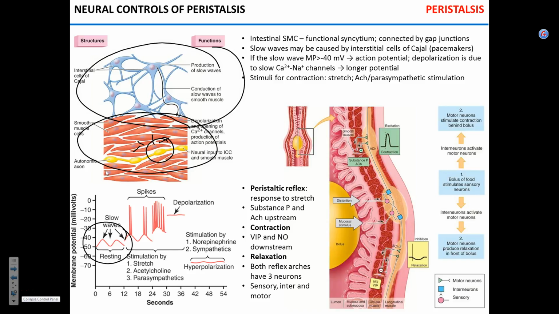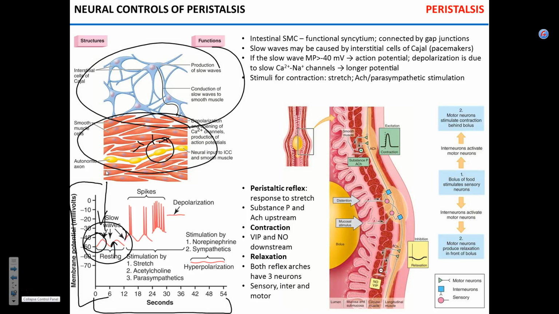Okay? So this graph shows you changes in the membrane potential over time. So during the slow waves, the smooth muscle cells become slightly depolarized, but not enough to cause contraction. Okay? But at some point, they come closer to the threshold for action potential.